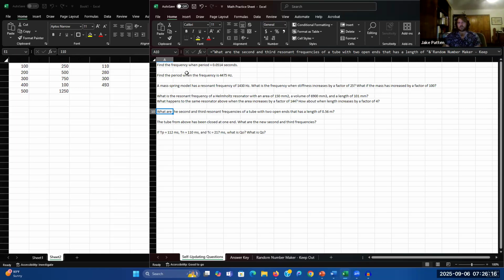There's one question in the hand calculations that uses exactly the same stuff that you're learning here. It's just written differently. It's in one of the math practice videos, probably the most recent one. It's going to ask something like: a tube has a length that's increased by a factor of 4. A tube with a second resonant frequency, that's what it is.